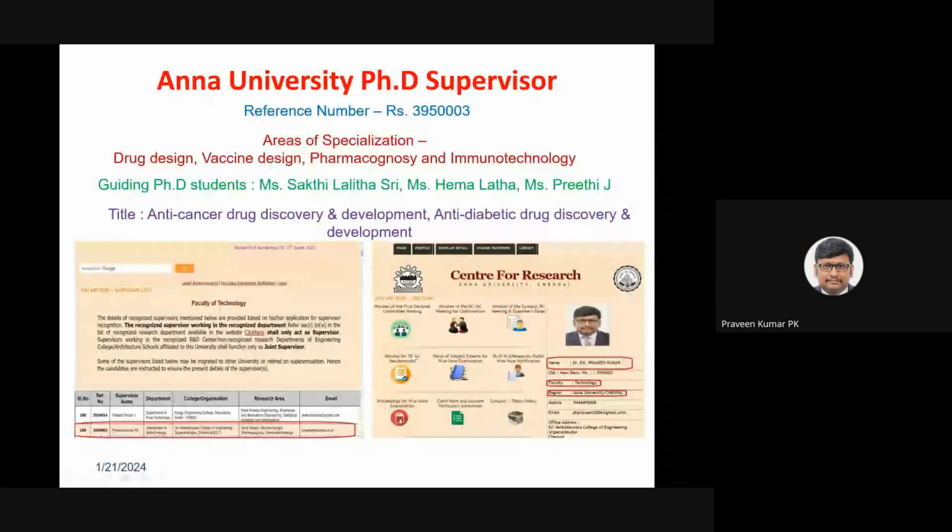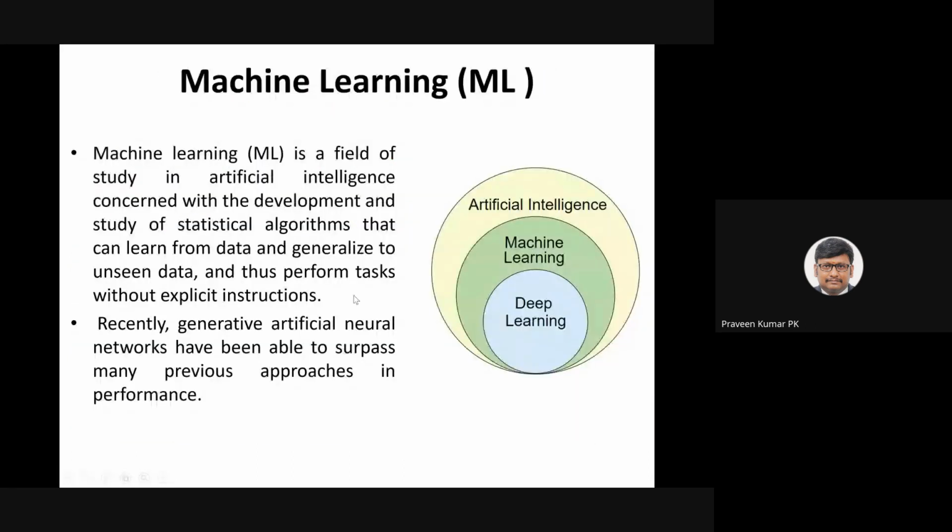My research areas of interest in Faculty of Technology in Anna University are drug design, vaccine design, pharmacognosy, and immunotechnology. Of course, I'm also involved in drug development and vaccine development. Recently, I'm using nanotechnology and mitochondrial targeting for diabetes as well as for cancer.